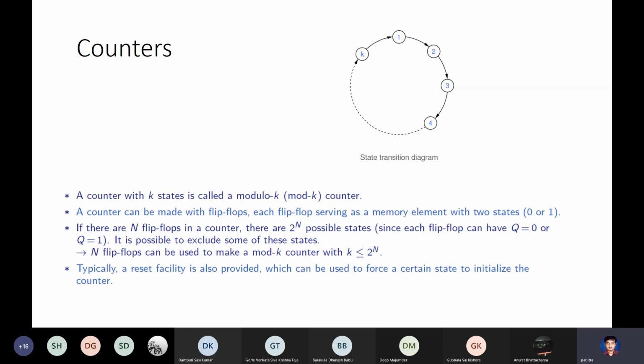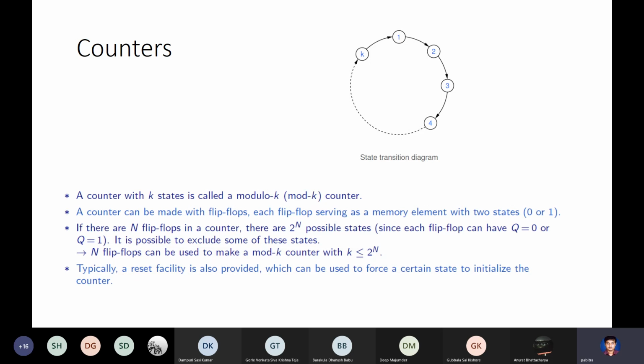How does it do it? It does it in terms of a sequential circuit, a finite state machine, and to each value of the count, say 1, 2, 3, 4, or whatever, there is a state of the circuit associated with it. So there is a one-to-one mapping between a count value and a circuit state.